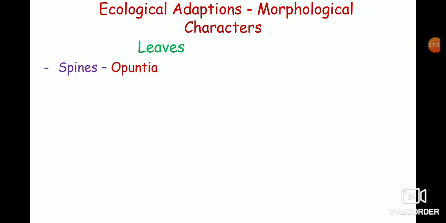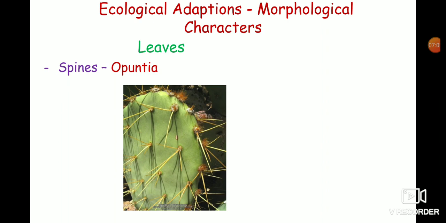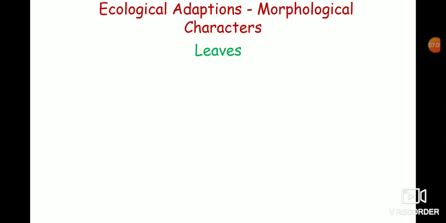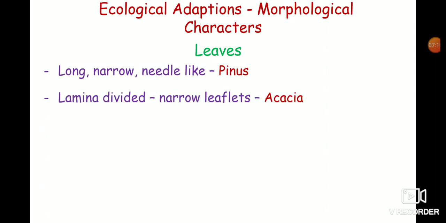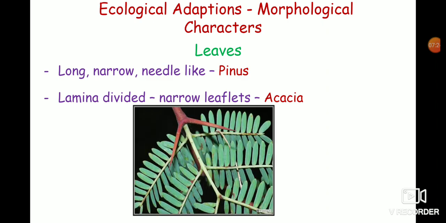Then the leaves are modified into spines in Opuntia. In some plants like Pinus, the leaves are long, narrow, needle-like. In Acacia, the lamina is divided into narrow leaflets.